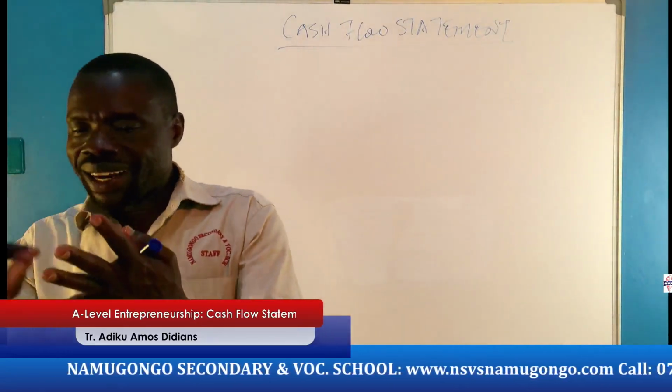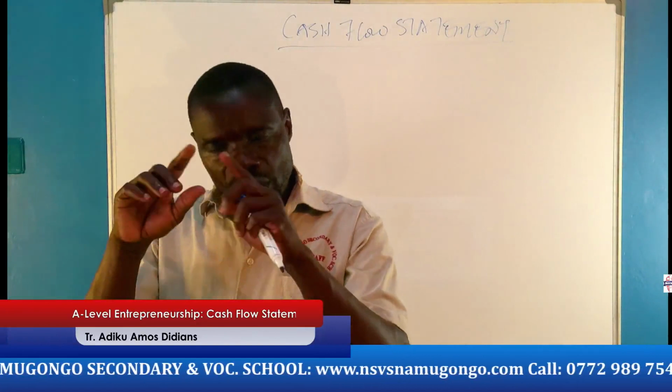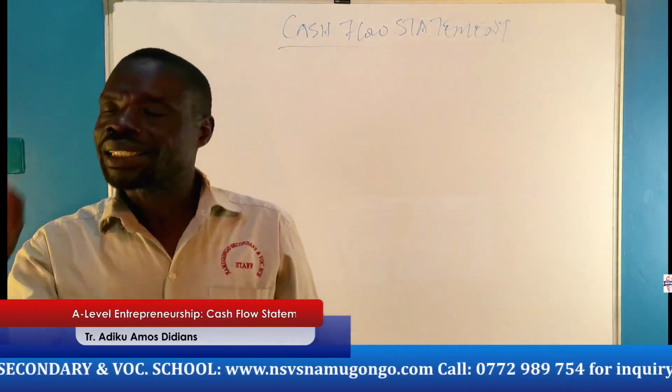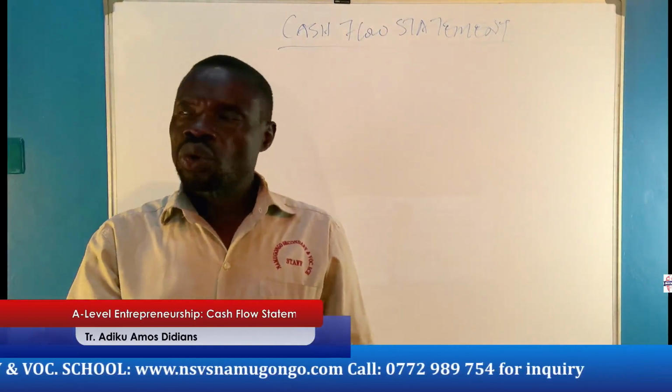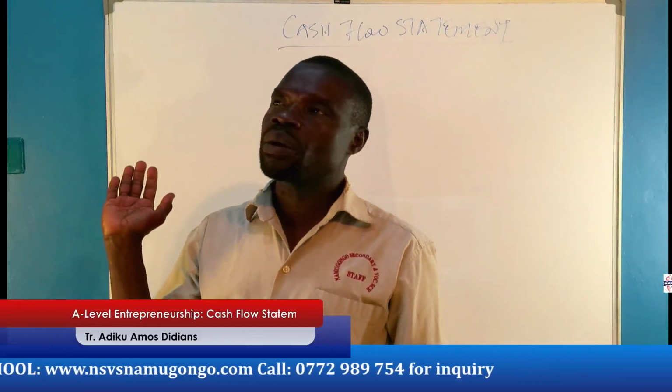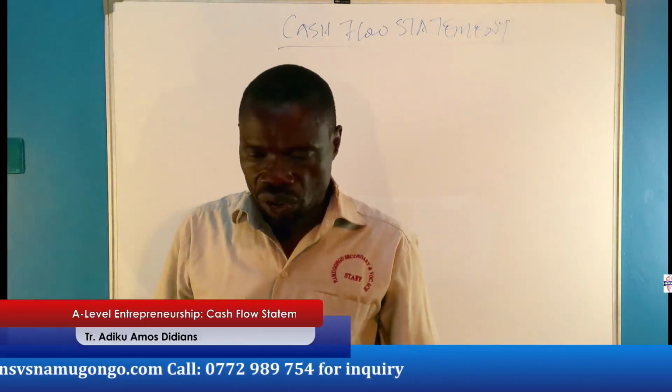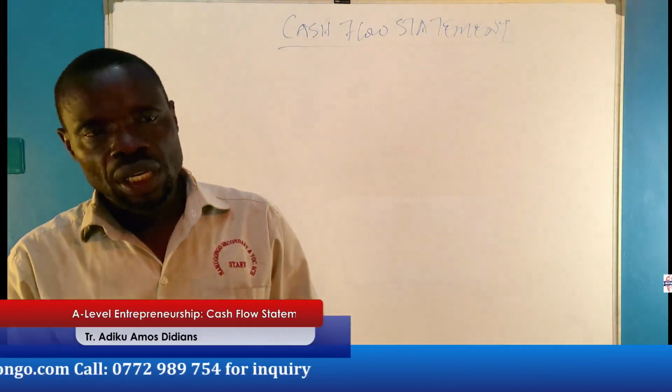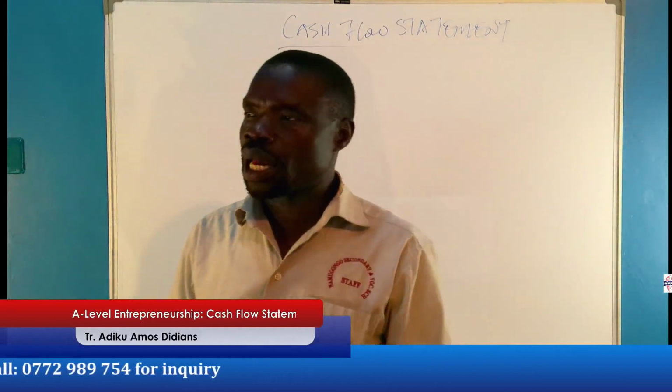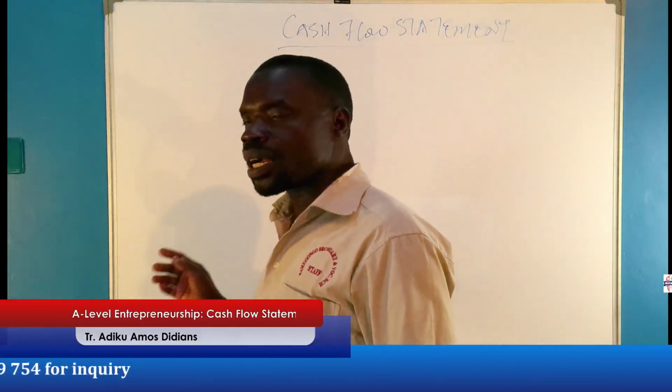So whether cash at hand or cash at the bank, we consider it as cash. Whether money is going out of the bank or through hard cash, so long as it is going out, we record it under cash outflows.